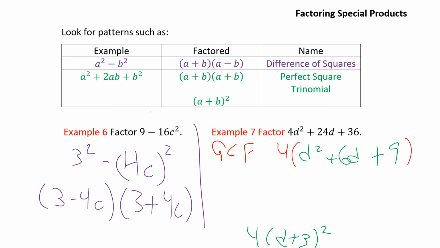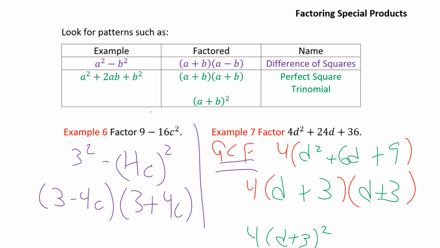Now, when we go about this business, isn't it easier to see that d squared can break up into d and d, 9 can break up into 3 and 3, and going ahead with our signs, don't we come out ultimately to the same answer? Please don't neglect, as we get into some more fancy work here, don't avoid some of the obvious things like greatest common factors. It should make your life a lot easier.